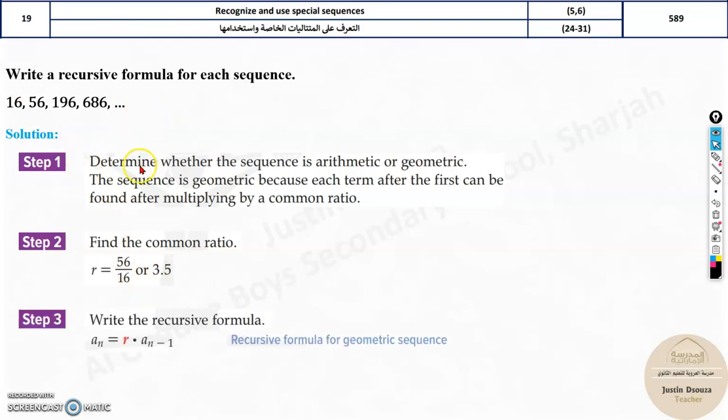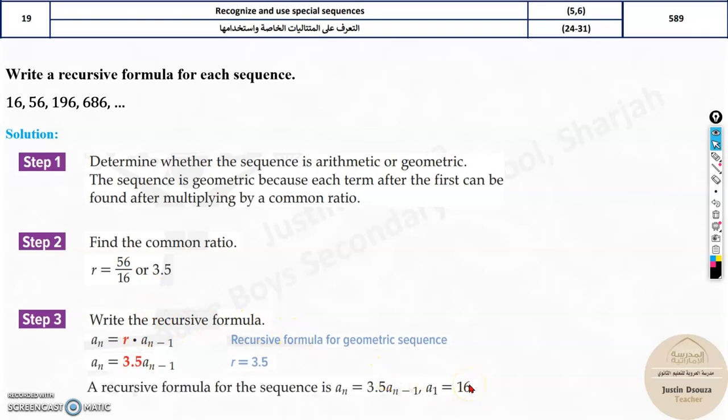So then all you need to do is use the recursive formula for a geometric sequence, r times an minus 1. Only r is the substitution. That is it, that's the answer. But you need to write the first term. a1 is 16. So you need to mention that over here. This is easy. Arithmetic sequence, geometric sequence.